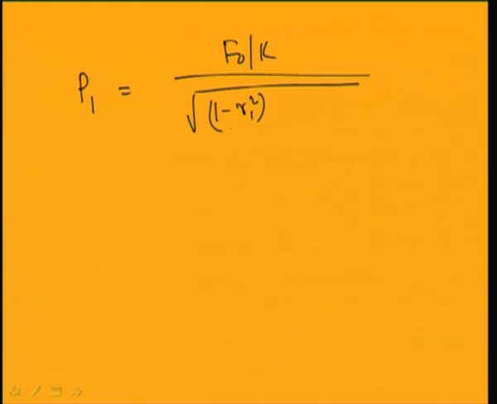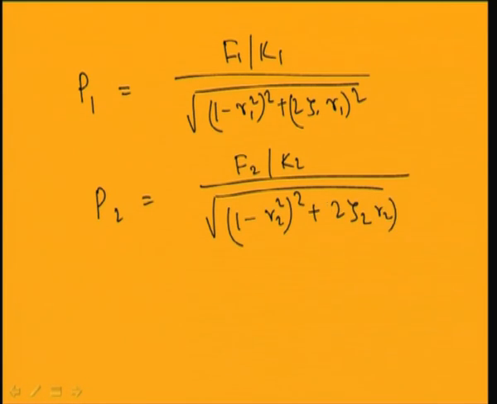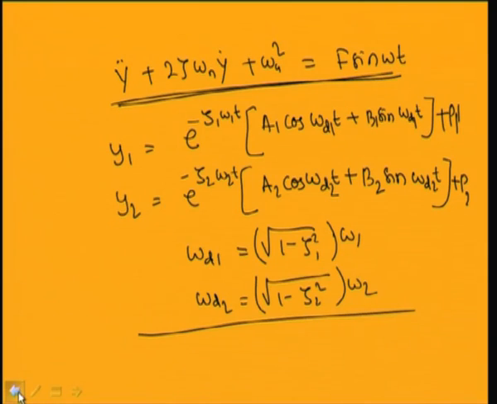Here p1, as you already know, will be equal to f1 by k1 over root over 1 minus r1 square whole square plus 2 zeta 1 r1 whole square, and p2 will be f2 by k2 over root over 1 minus r2 square whole square plus 2 zeta 2 r2 whole square.